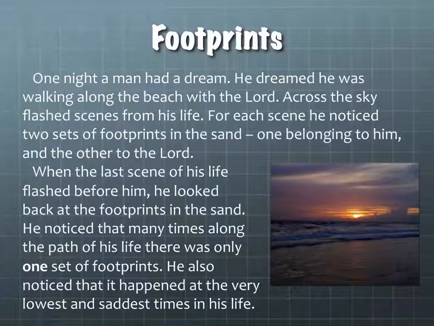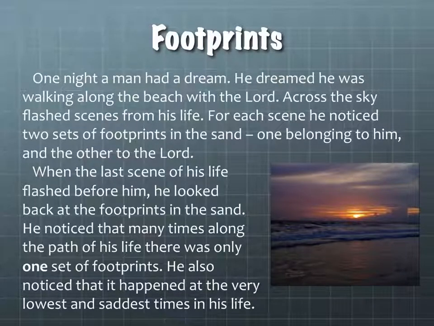One night, a man had a dream. He dreamed he was walking along the beach with the Lord. Across the sky flashed scenes from his life. For each scene, he noticed two sets of footprints in the sand, one belonging to him and the other to the Lord. When the last scene of his life flashed before him, he looked back at the footprints in the sand. He noticed that many times along the path of his life, there was only one set of footprints. He also noticed that it happened to be at the very lowest and saddest moments of his life.